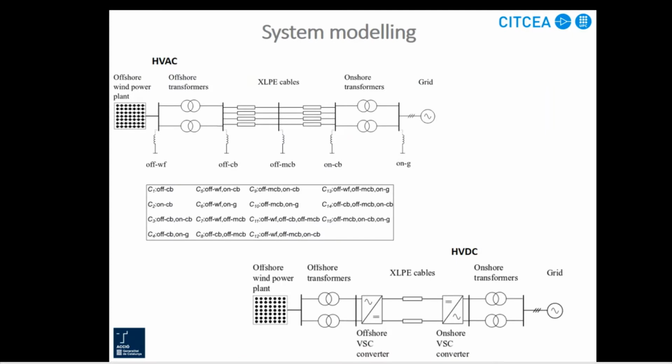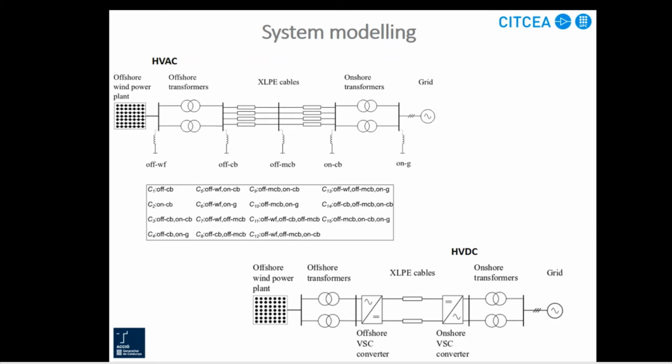At first, I started analyzing the HVAC transmission system as the most traditional one, and this configuration consists of two substations, offshore and onshore, interconnected with XLPE cables. The substations include power transformers, switchgears, and reactive power compensation.